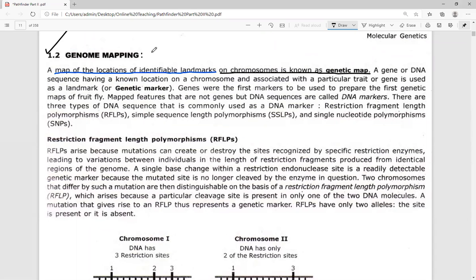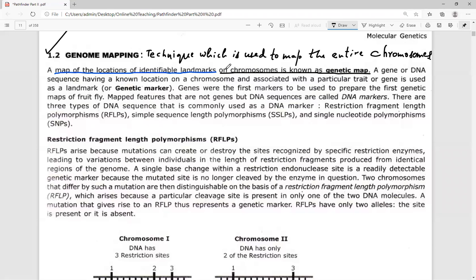Genomic mapping refers to the technique which is used to map the entire genome of an organism, the entire chromosomes. To map the entire chromosome means to determine which different sequences are present in the chromosomes and how these sequences are arranged.